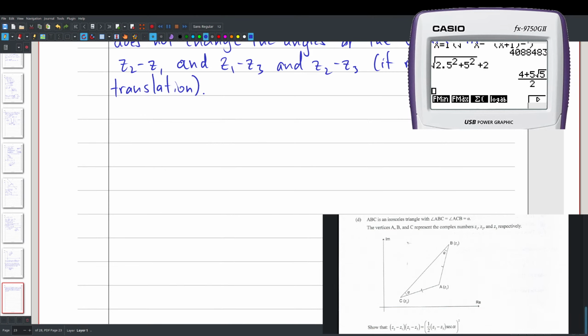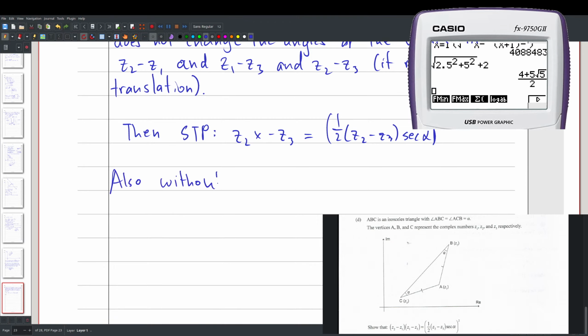So then it is sufficient to prove z2 times negative z3 equals a half z2 minus z3 sec alpha squared. Also without loss of generality, assume z2 equals 1.